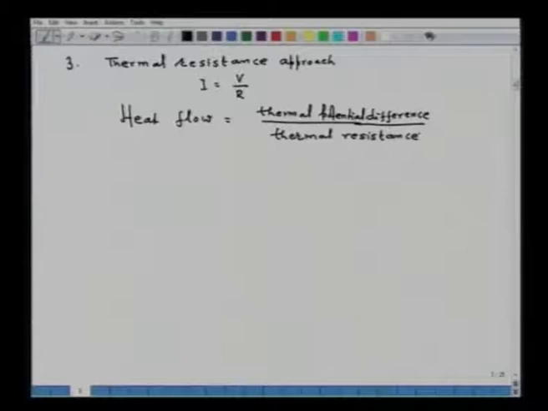The thermal potential difference is the temperature between the fluids facing the walls of the composite construction, that towards the furnace and towards the surrounding, and by calculating the thermal resistance we can find out the heat flow.